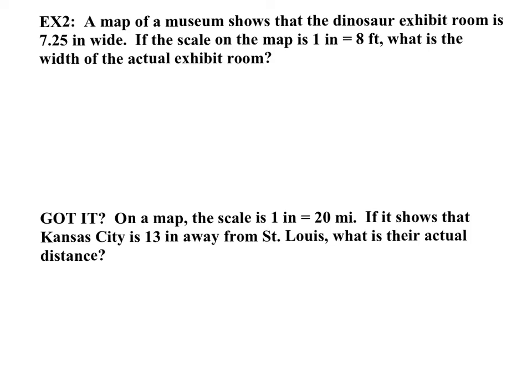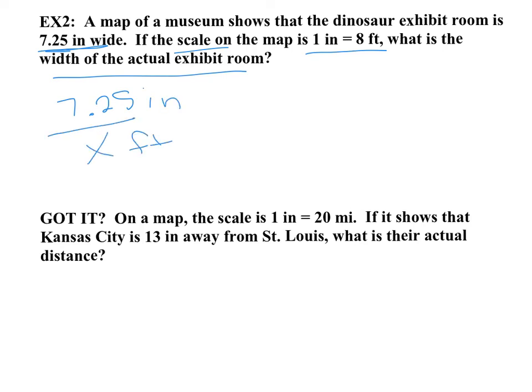Now, in the next example, a map of a museum shows that the dinosaur exhibit room is 7.25 inches wide. If the scale on the map is 1 inch equals 8 feet, what is the width of the actual exhibit? So now in this case, we're given 7.25 inches, and then we don't know the amount of feet for the actual exhibit.